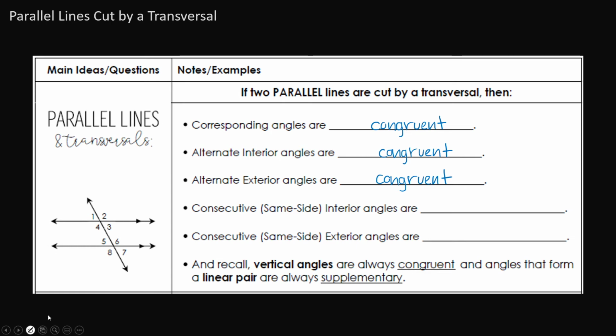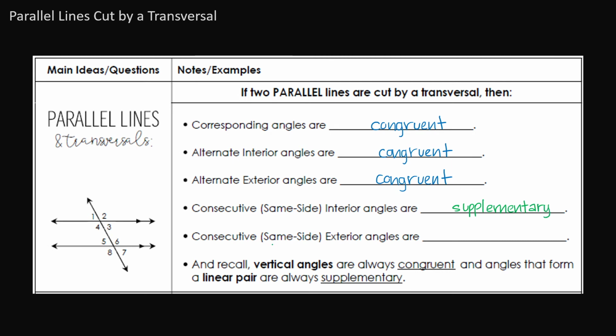Okay, and let's talk about our same side angles. Same side interior angles, like angles 4 and 5. Notice how angle 4 is obtuse and angle 5 is acute. Well, when you add them together, they're actually going to be supplementary. They're going to add to 180 degrees.